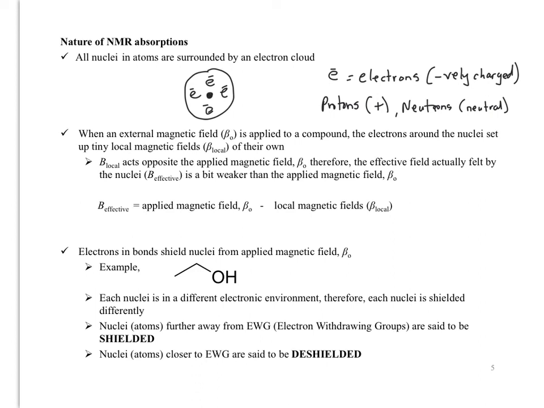And therefore we use the term de-shielded, or in other words, you can think of it as the nuclei is exposed. But if you have this nuclei here, which is further away from the electron withdrawing group, that means not so many electrons are pulled away from it, and therefore the nuclei is being covered or protected, and we use the term shielded.